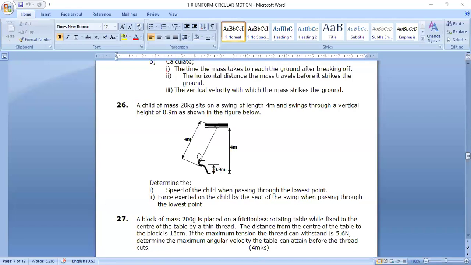Okay, let's proceed to question 2. The force exerted, we know, is the same as the tension in the string, which is mv squared over r plus mg. So the mass is 20, velocity 4.243 squared, radius is 4 meters, plus 20 multiplied by 10.